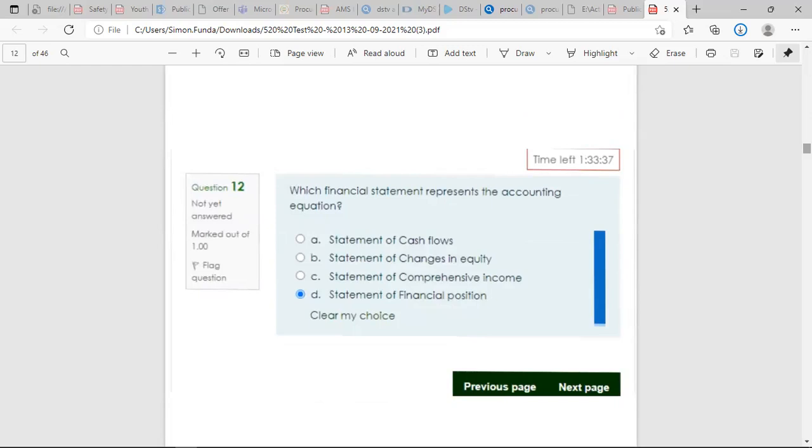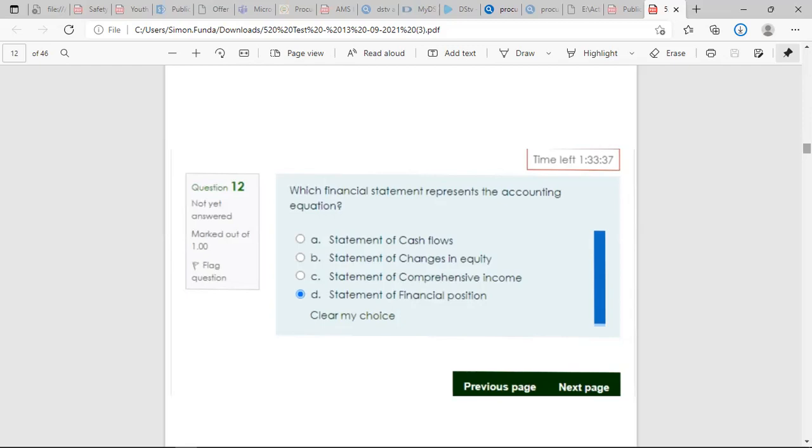Number 12, which financial statement represents the accounting equation? Okay, the accounting equation can only be represented by the statement of financial position or the balance sheet. Not the cash flow, not the statement of changes in equity, not the comprehensive income. Comprehensive income just shows the profits, the performance.